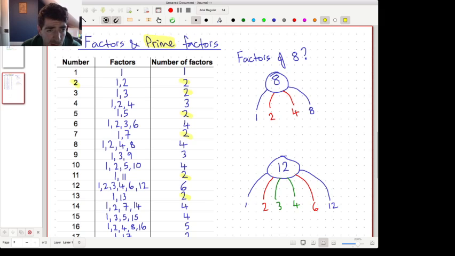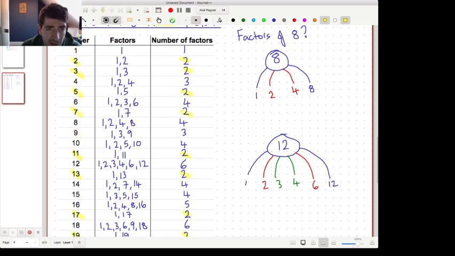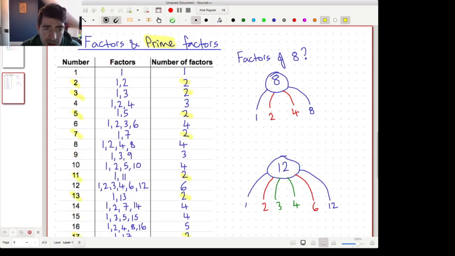So 2, 3, 5, 7, 11, 13, and if we just scroll down, 17 and 19. So that's it. Importantly, the number 1 is not a prime number because the number 1 only has 1 factor.